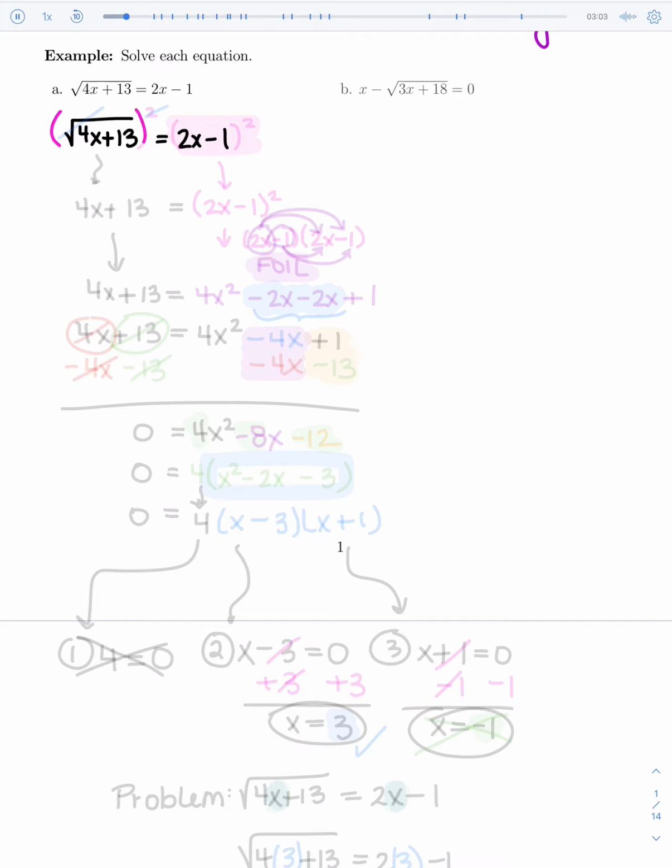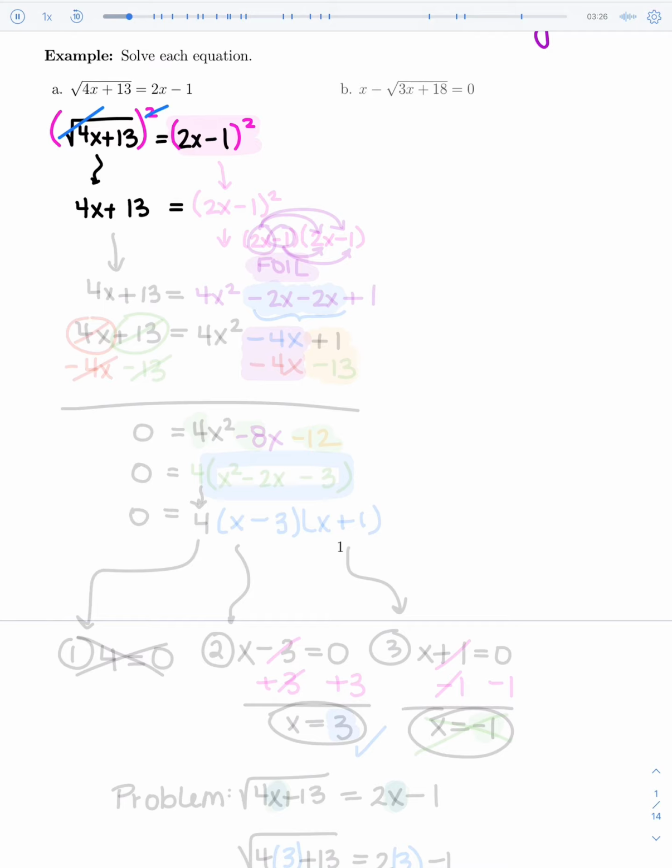So we'll get rid of it by squaring the left-hand side. But if you square the left-hand side, you have to take the entire right-hand side and square it as well. Again, the square root and the squared cancel out, leaving you with whatever was underneath, which in this case is 4x plus 13.